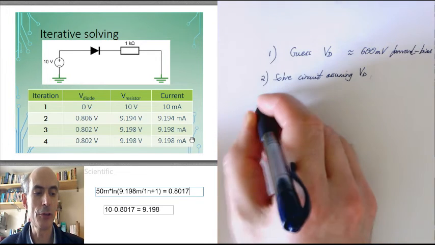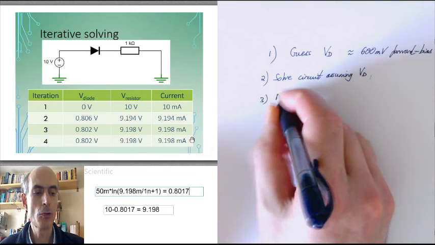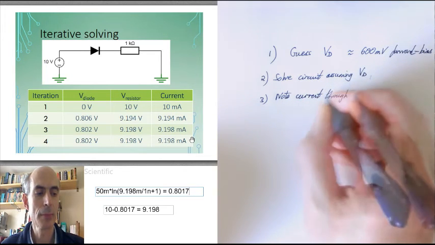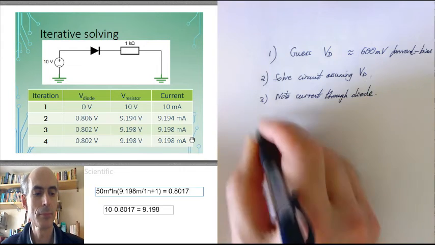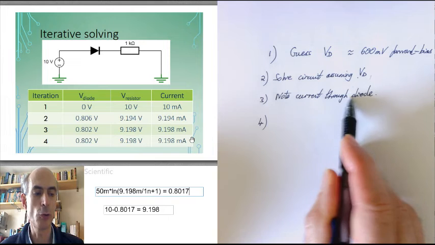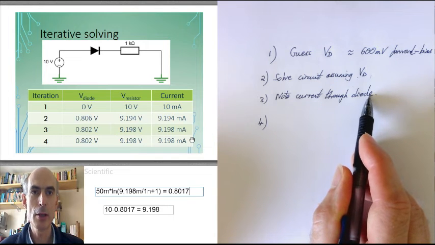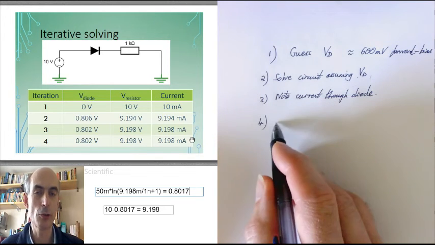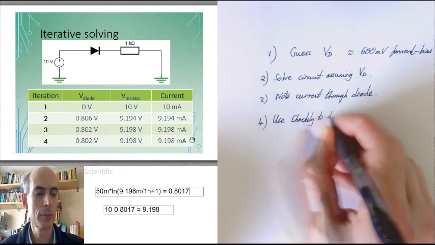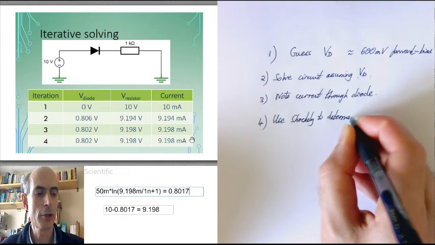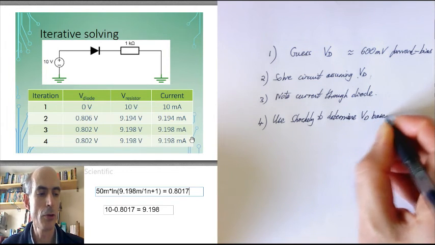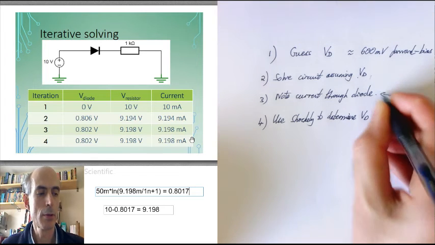Once you've got the linear circuit, note the current flowing through the diode. 4. Use the current that you've determined flowing through your diode to determine the voltage across the diode using Shockley's equation, to determine VD based on this current.